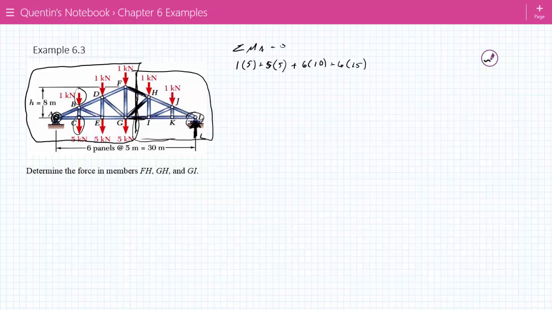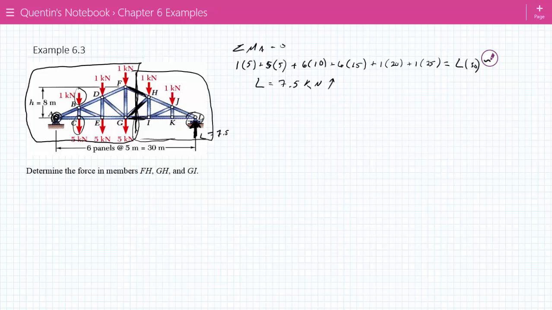Now we're down to 1 plus 1 times 20 plus 1 times 25, and that's going to equal L times 30. That gives us that L is equal to 7.5 kilonewtons up.